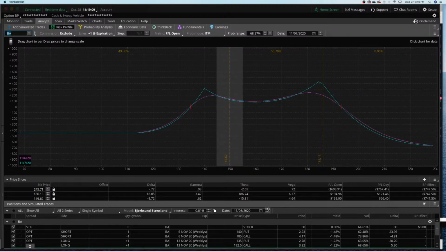If it moves the other way, then you can put another spread on the other side of that directed move, and then now you've created what looks like a circus tent, and you've captured a wide range of prices.